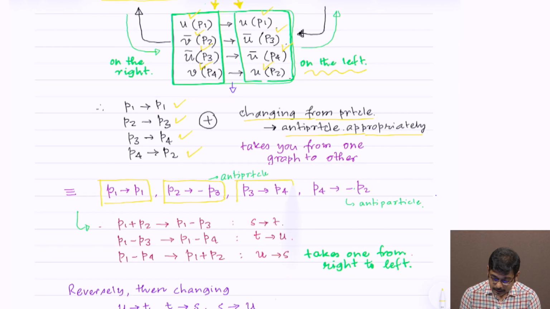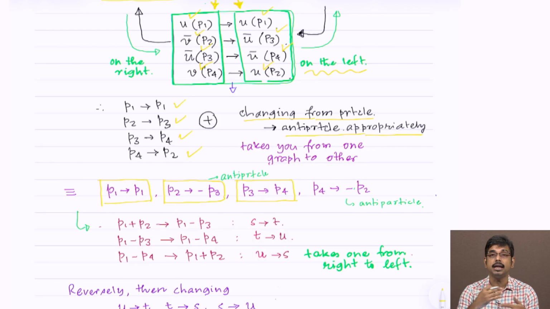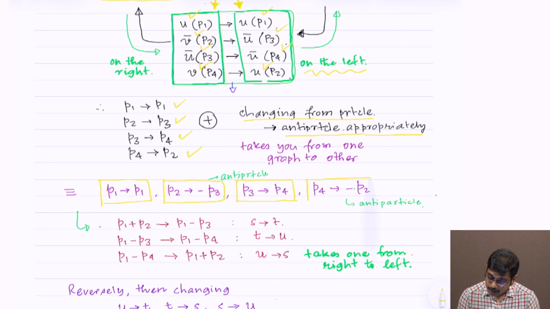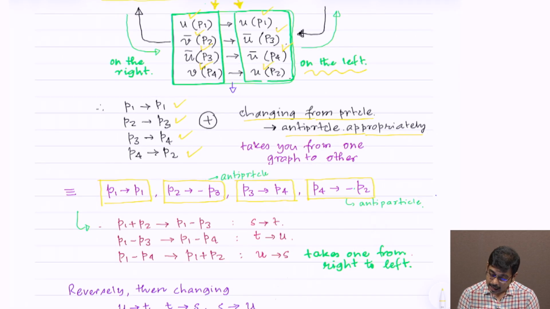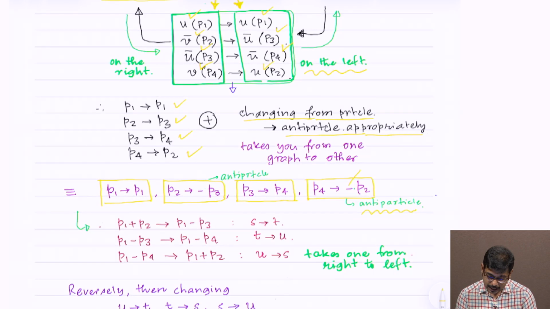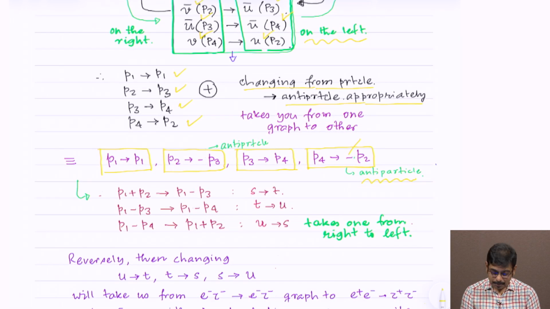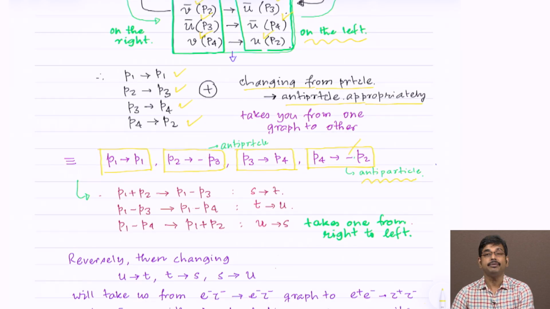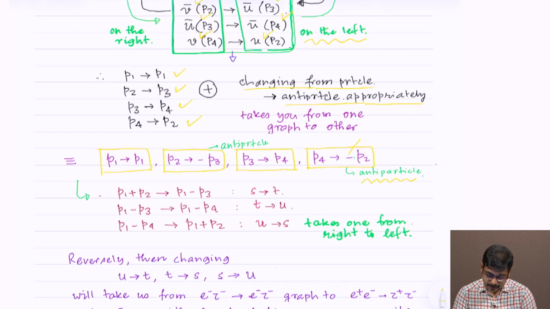P3 to P4 is just a transition with no particle antiparticle exchange, whereas for the last one, P4 going to P2 has to invoke an additional negative sign, which takes care of the fact that this will flip to a corresponding antiparticle. So now what happens to this P1 plus P2? Because P2 is replaced by P3, this is the transformation which takes you from e minus tau minus to e plus e minus to tau plus tau minus.